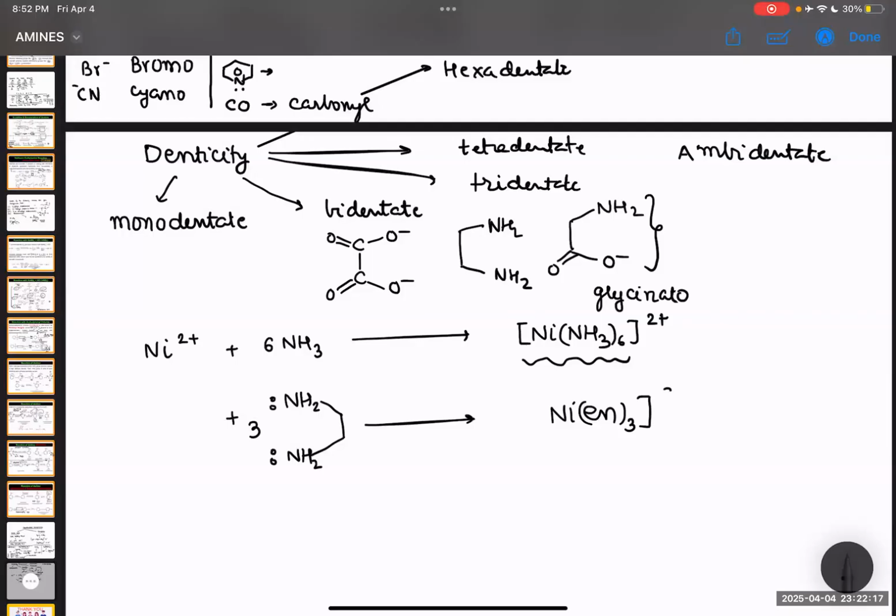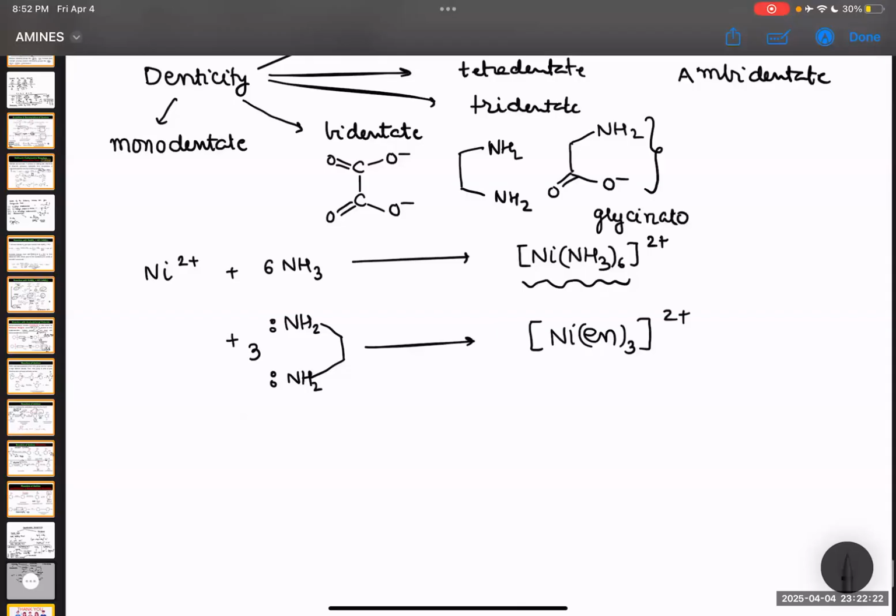If somebody asks me to draw the structure, complete structure, I can draw it, like this. And this En is actually giving the lone pair, 2 lone pair. Got it?